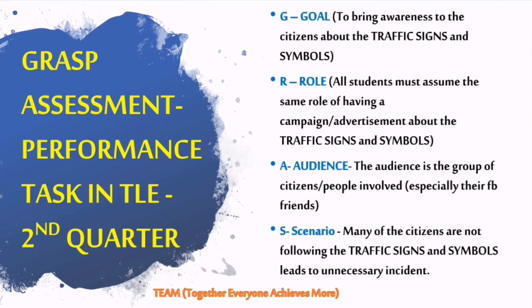Audience, the group of citizens, people involved, especially your FB friends. As for the scenario, many of the citizens are not following the traffic signs and symbols, which leads to unnecessary incidents.